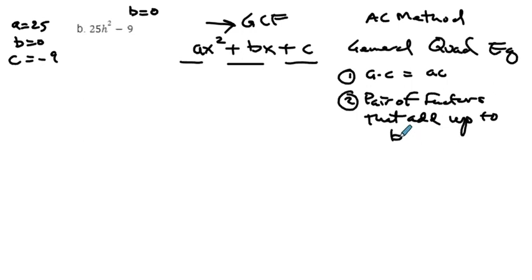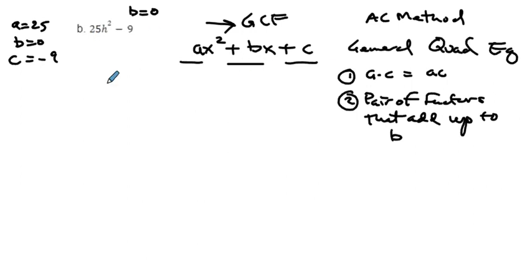I think about this and go, okay, my b is 0. So in this case, I need a pair of factors that add up to 0. And I will be able to get that because I'm going to have a negative AC term, which means one's positive and one's negative. So that's going to work.